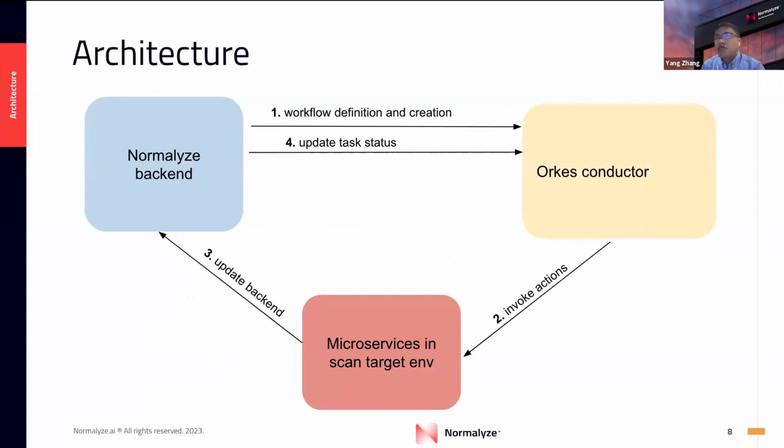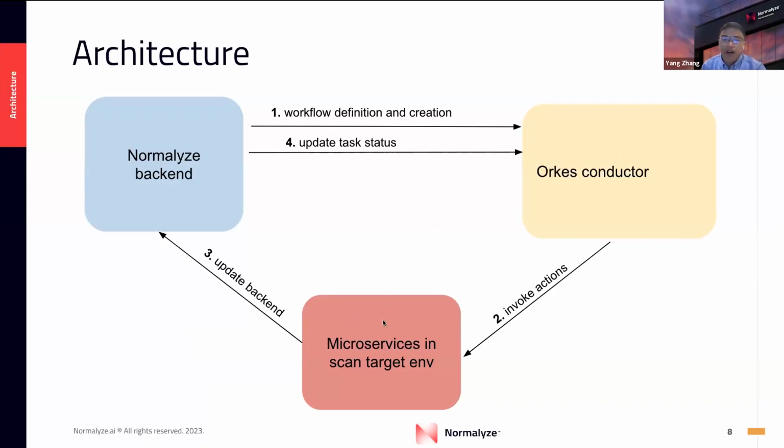And here we show the architecture diagram, which gives a high level architecture of how we use Conductor. So we have the normalized backend basically create a Conductor workflow definition and trigger a workflow by sending it to Orkes Conductor, for example. Then Conductor can invoke the action or the task in the scan target environment.